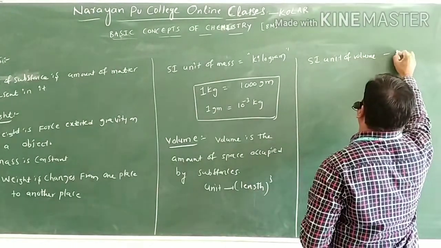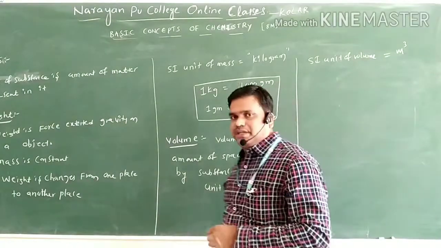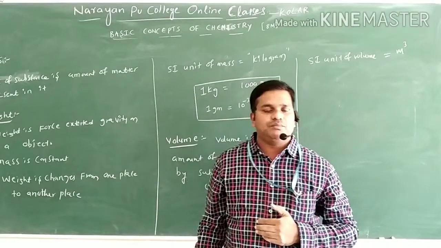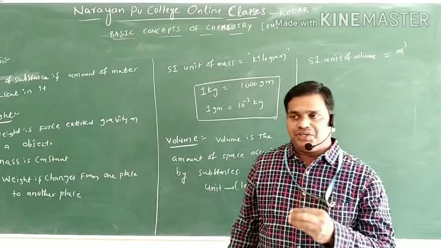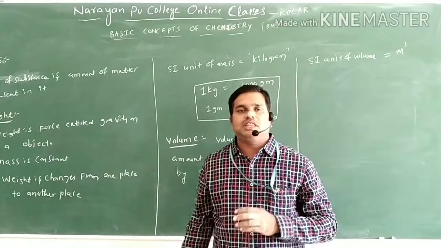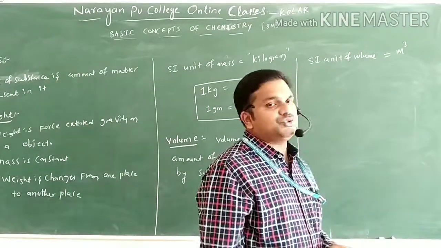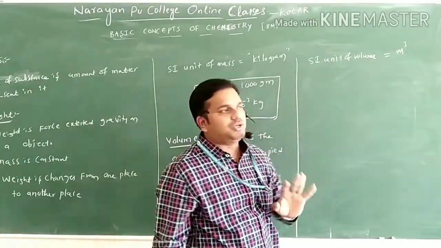Generally we take meter cube, but meter cube is a big unit, because we want to calculate volume in very small units. The small unit in which we take volume is the centimeter cube. Meter cube is a big unit only.